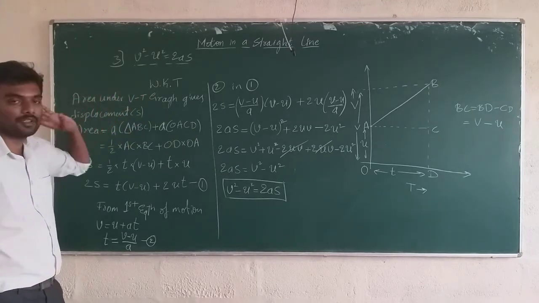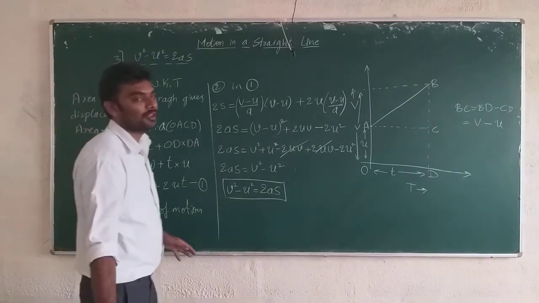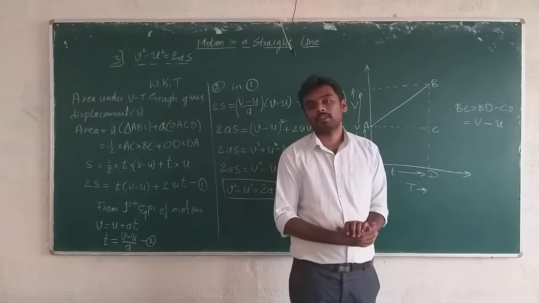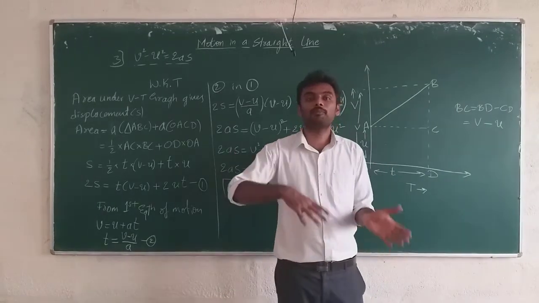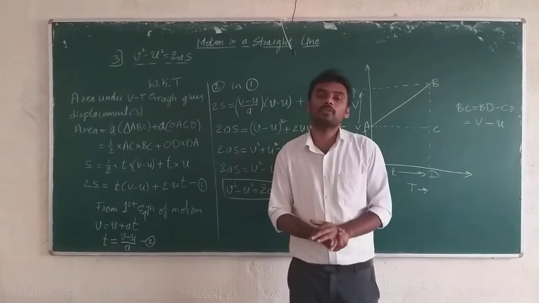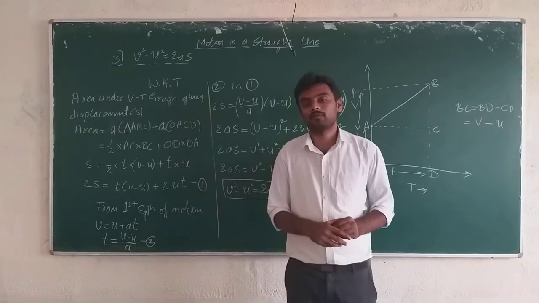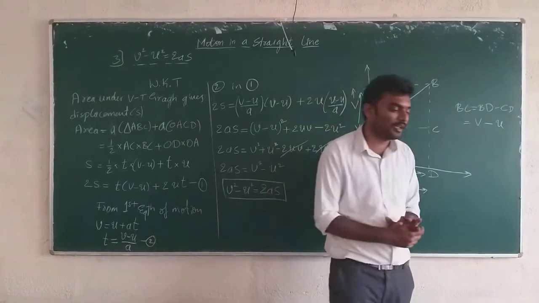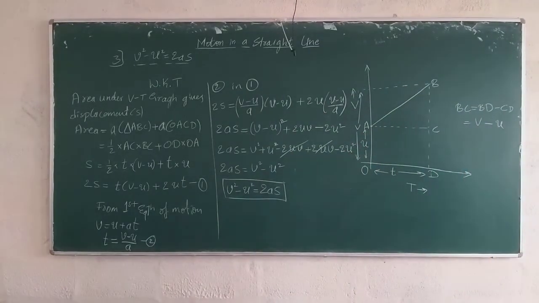That's it. Okay, this question is very important, so you can expect it for 5 marks. Either this question or the previous derivation. Out of these two, you will have at least one derivation for 5 marks in the final exam. Very important derivation, this is the derivation of the third equation of motion.